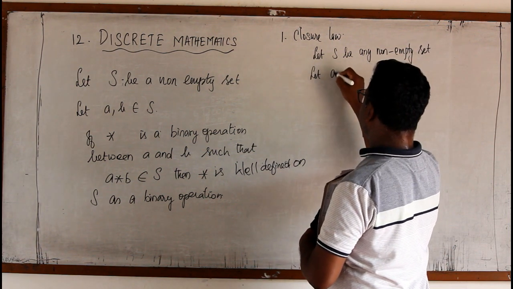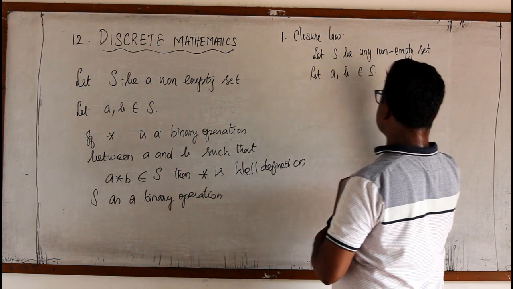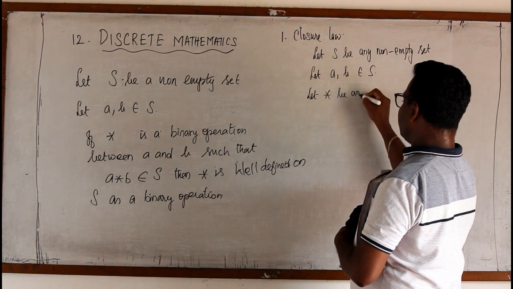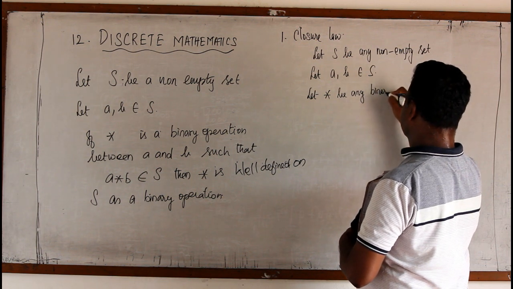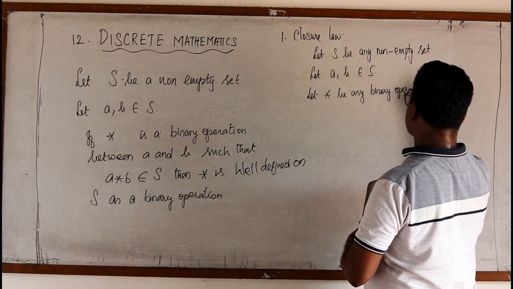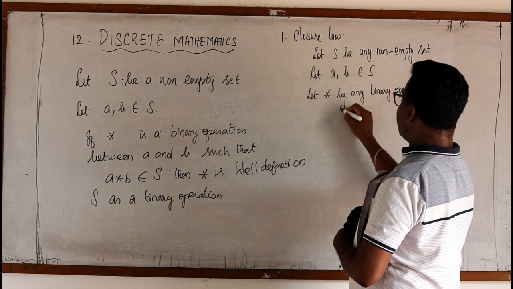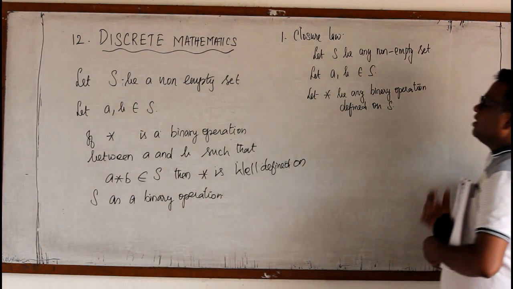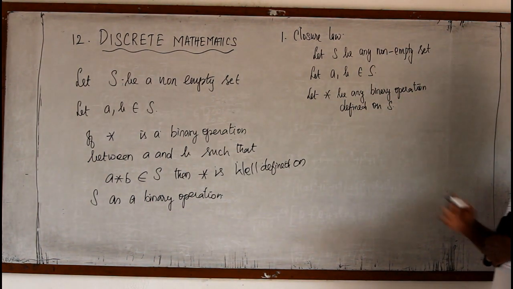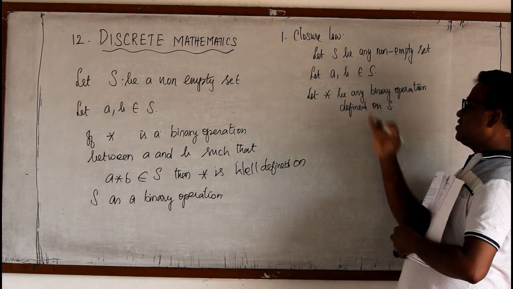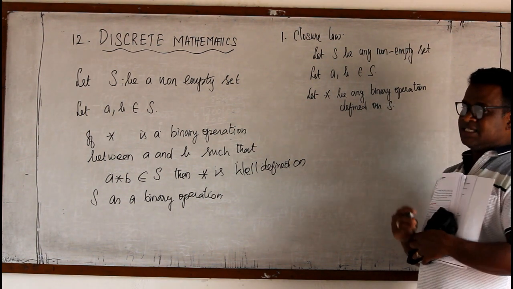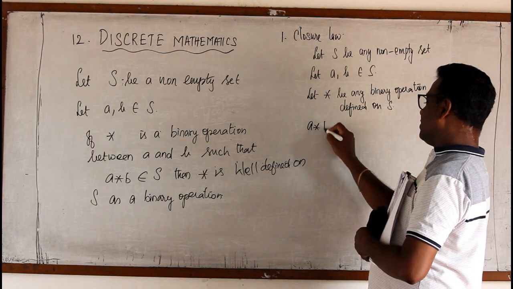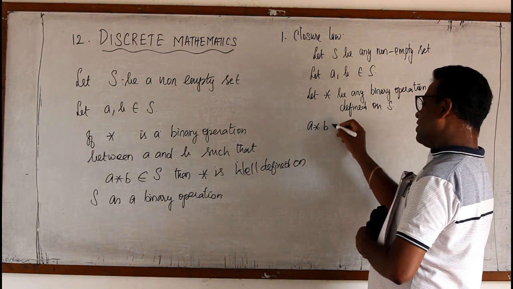Let A, B belong to S. Let star be any binary operation defined on S. That means we can operate the elements A and B. If I take two elements and operate, then it is known as a binary operation, and that operation is well defined in S. Then A star B, the result may be some other element.